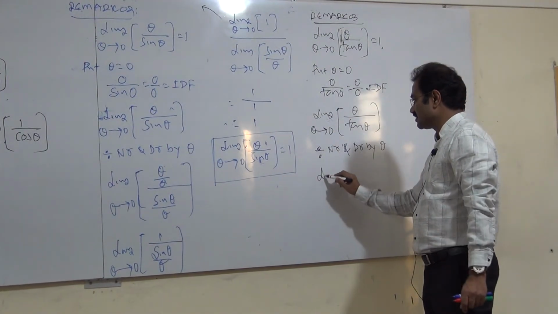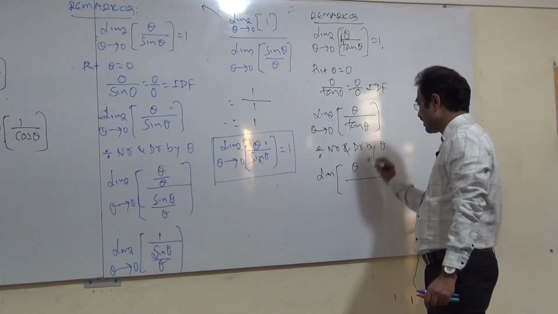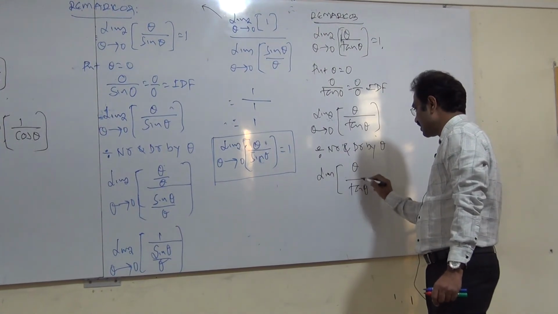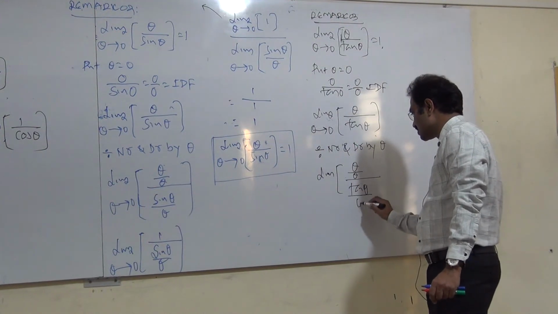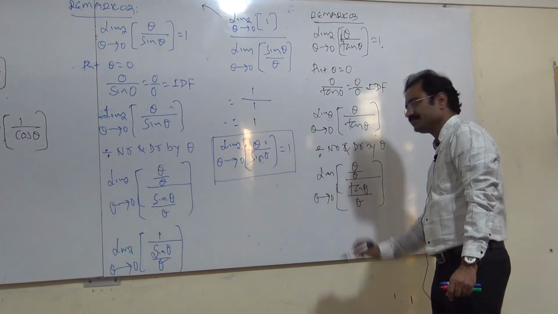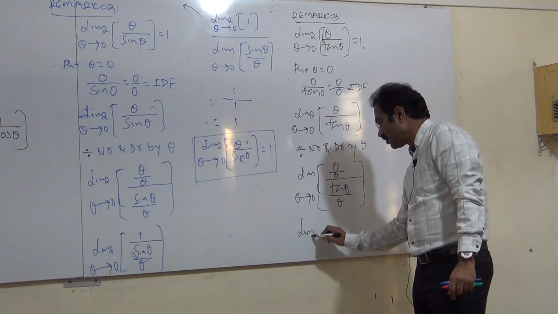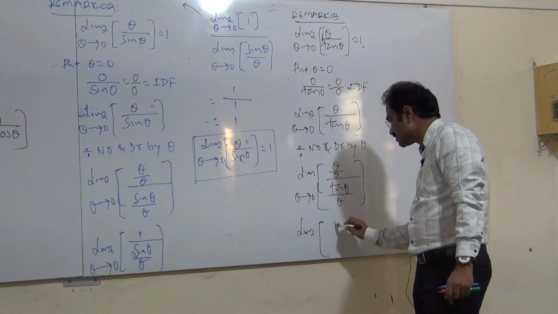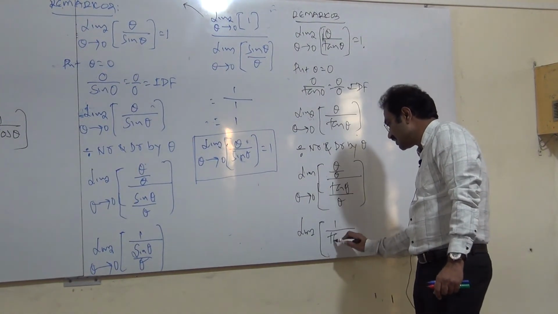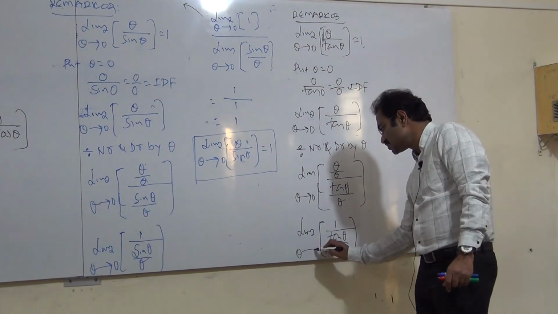If you write like this, limit of theta divided by tan theta, this is also theta and here also it is a theta, as theta tends to 0. So what we get? Limit of, theta by theta is 1, tan theta divided by theta as theta tends to 0.